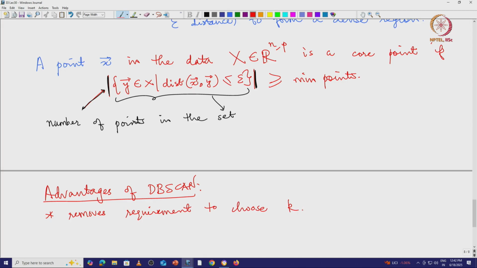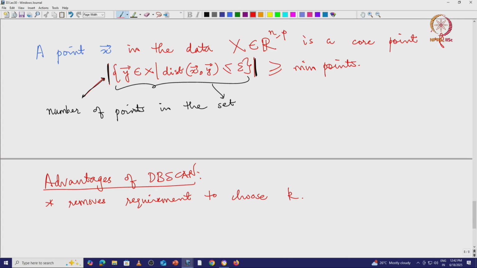Of course, the k can be chosen by the elbow plot like we just discussed, but it makes much more sense to think in terms of the distance in feature space, because when you have a data set you know what kind of points are more dissimilar in terms of some kind of distance metric.